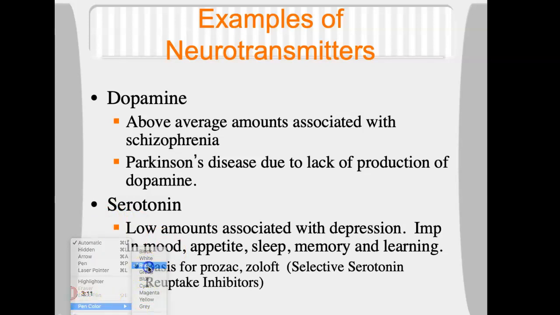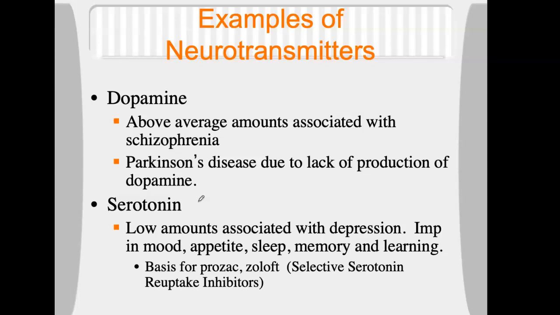What else? Well, serotonin is another one. If you were low in serotonin, it's associated with depression. So it's this sort of feel-good hormone. The lack of it makes you feel depressed. So it's very important in things like mood, appetite, whether you sleep well or not, memory, learning.